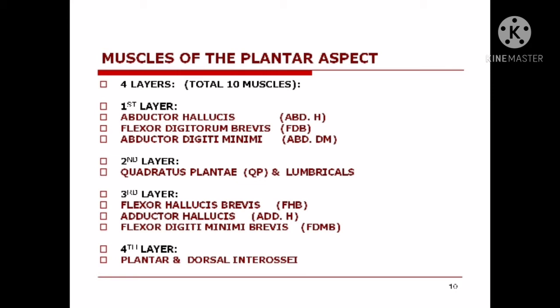The second layer contains the quadratus plantae and the lumbricals. The third layer contains the flexor hallucis brevis, adductor hallucis muscle and flexor digiti minimi brevis muscle. The fourth layer contains the plantar and the dorsal interossei, as there are in the hand.